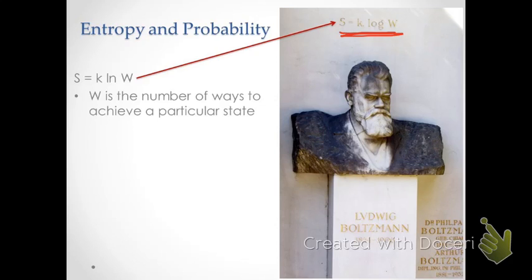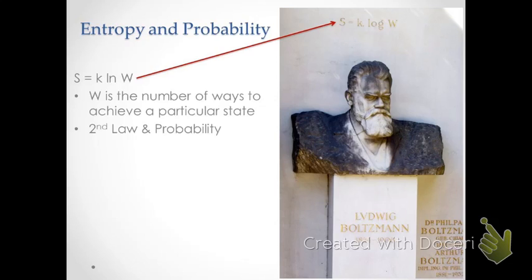It's also important to note that the second law then becomes a probability law. The second law says that, again, delta S for the universe for any process must be greater than or equal to 0. If we use this probabilistic definition of entropy, that simply means that there's a much higher probability that we go from an ordered state to a disordered state than vice versa.